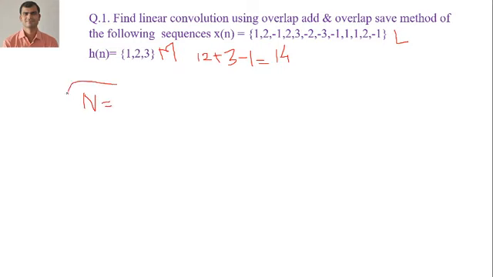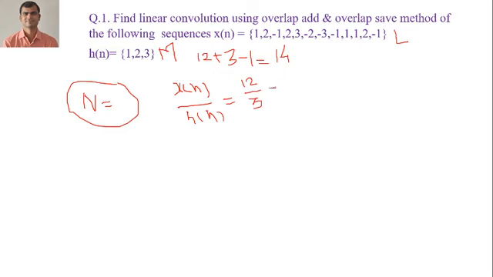Now how to calculate this capital N? There are two methods. The first method: you divide the samples of the x of n sequence by the samples of the h of n sequence, and you get some number. So here 12 by 3, that is equal to 4.